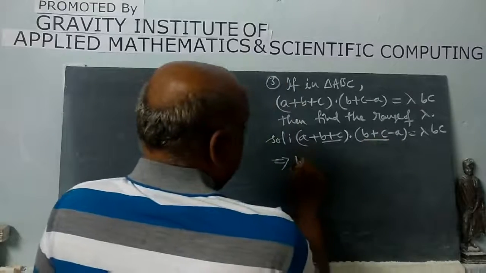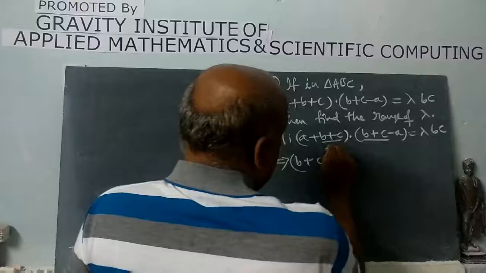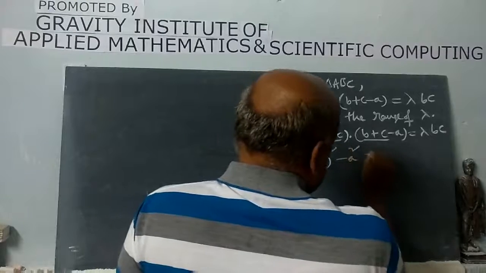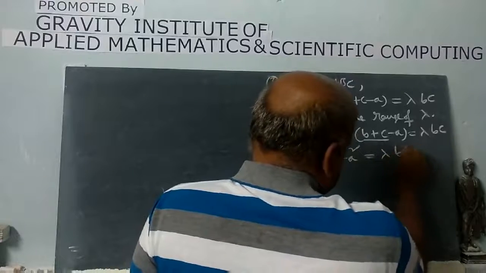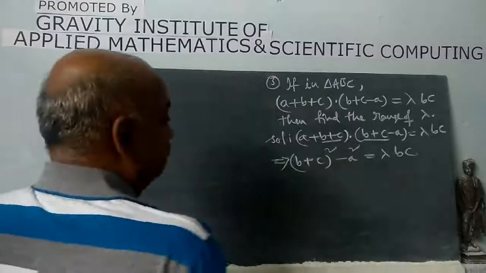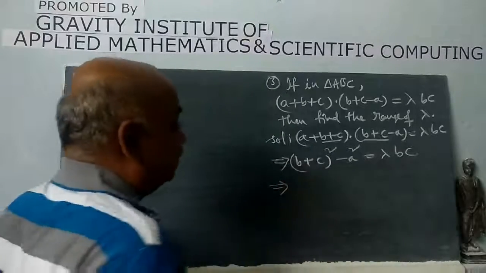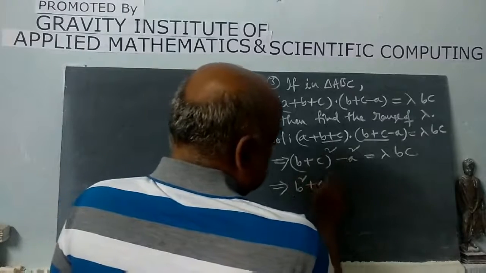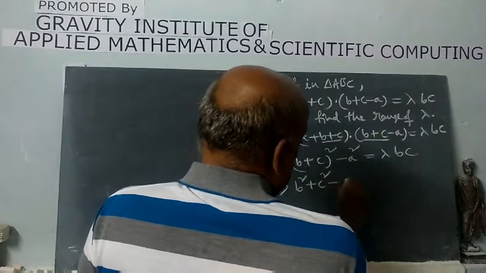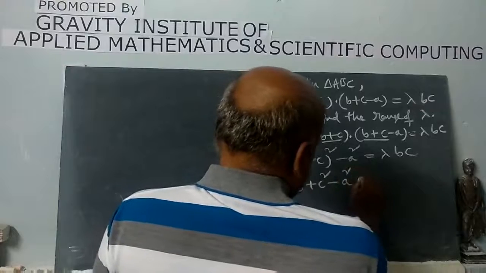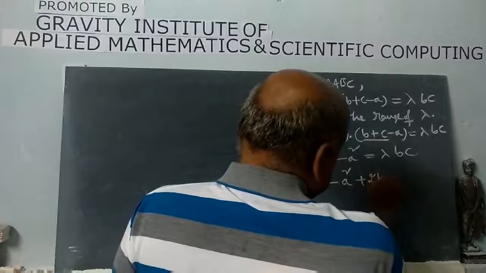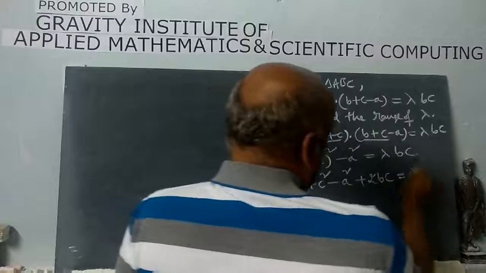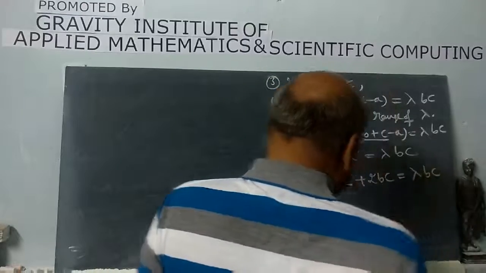So it is (b plus c) whole square minus a square is equal to lambda into bc. So this implies b square plus c square minus a square plus 2bc is equal to lambda into bc.